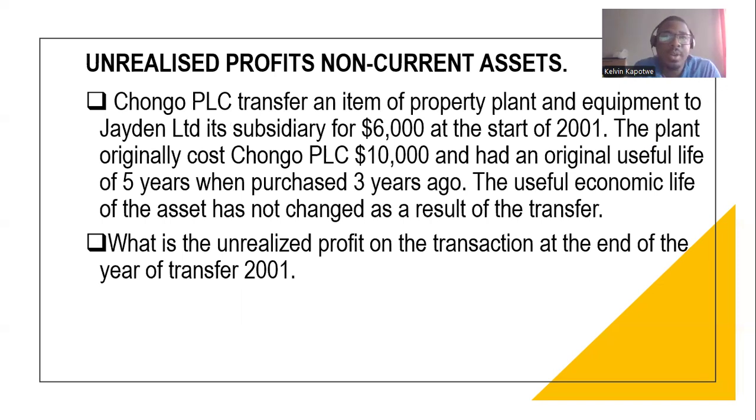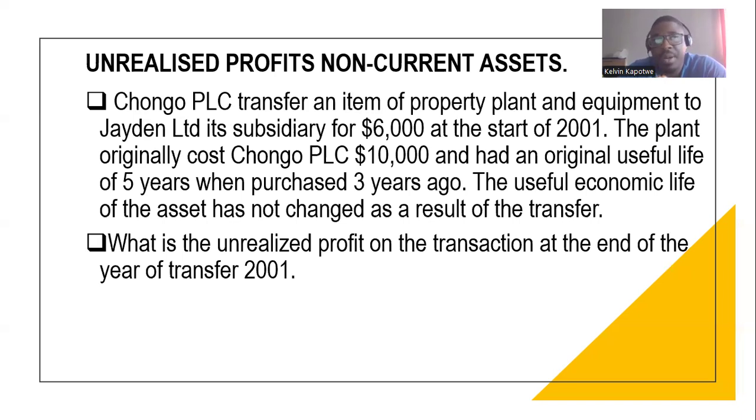So, unrealized profit on non-current assets. Chongo PLC transferred an item of property, plant, and equipment to Jaden Limited, its subsidiary, for $6,000. So here we are establishing that Chongo PLC is the parent company which transferred the property, plant, and equipment to Jaden Limited, the subsidiary, and the transfer price was $6,000 at the start of 2001.